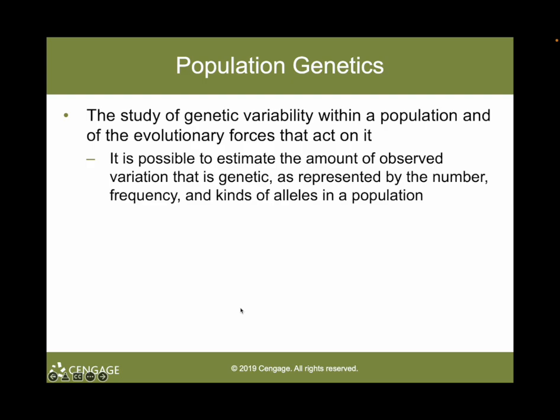So what we're doing here is getting to the term population genetics, which is the study of the genetic variability within a population and the evolutionary forces that act on it. This will help you understand genetic variation as the raw material for evolution.